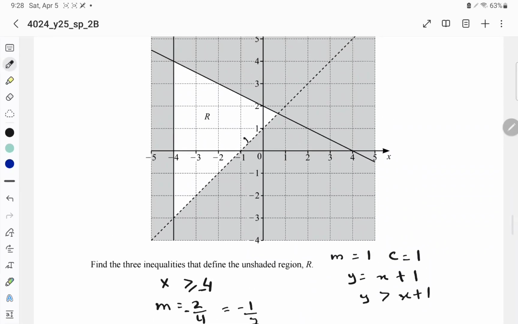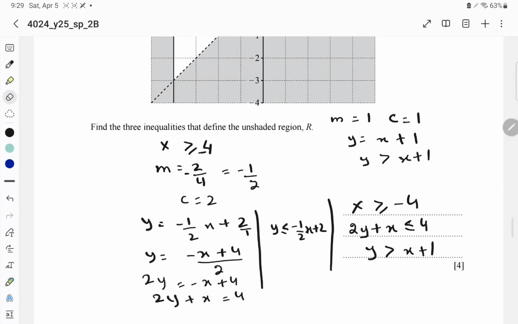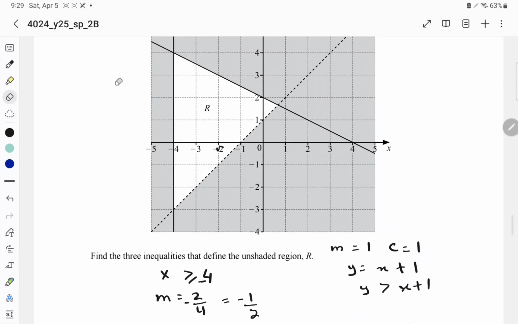Whenever we see the vertical line we look right and left, otherwise we look above and below. So below the line it's less than or equal to, above the line it's greater than. So 2 less and 1 greater. For x, this is on the right side, so it is greater.